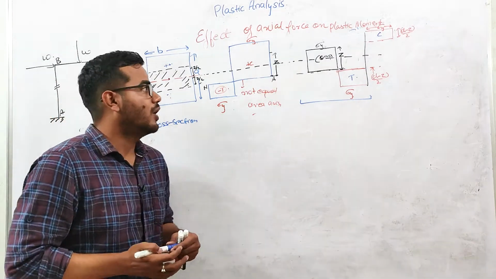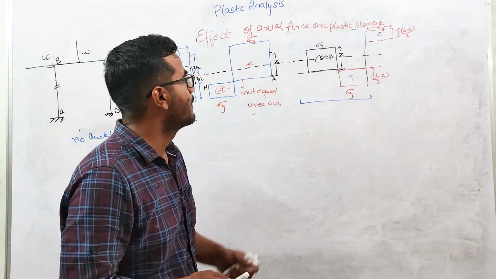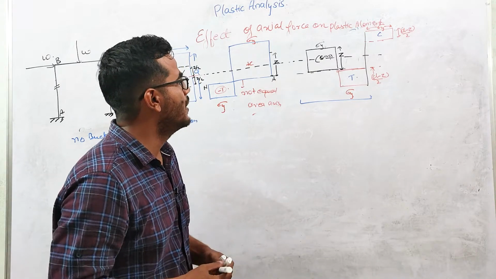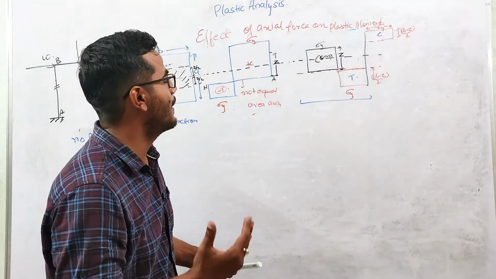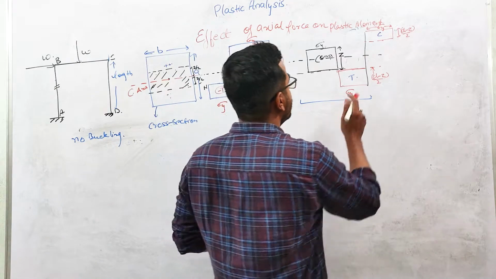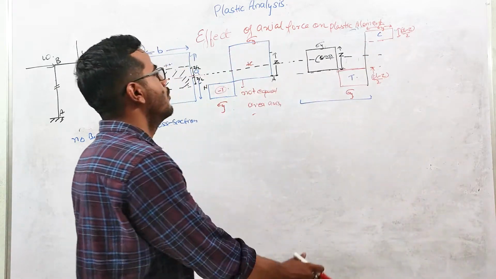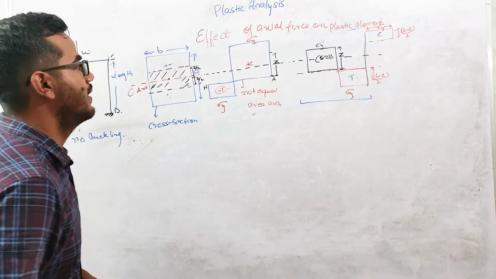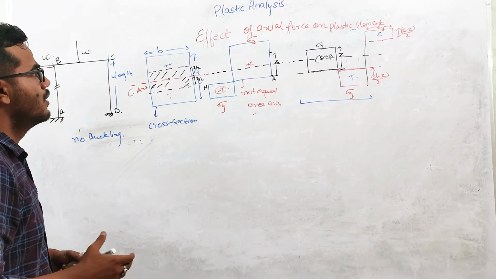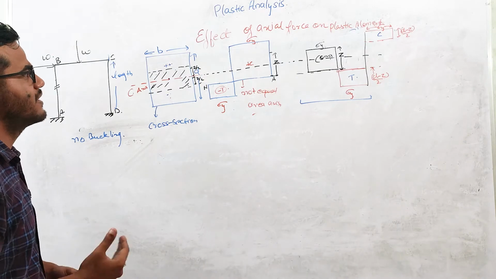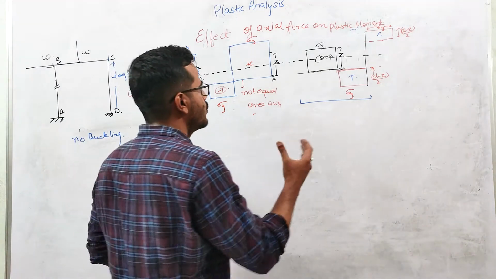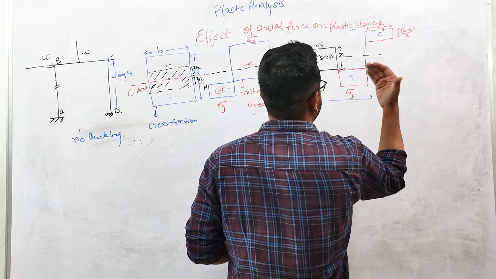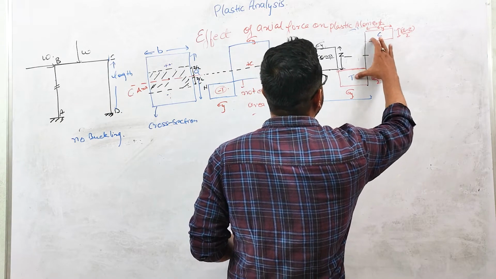Okay, so now this thing is done, right? Now we need to calculate the moment capacity, the moment generated due to this stress diagram. Or you can say, what is the contribution of the plastic moment, which we will calculate using this stress diagram?